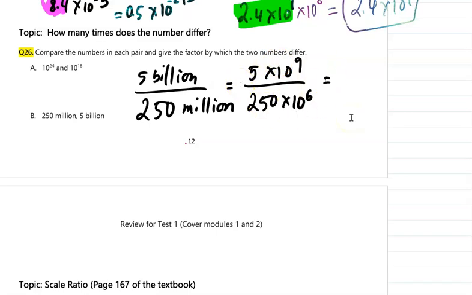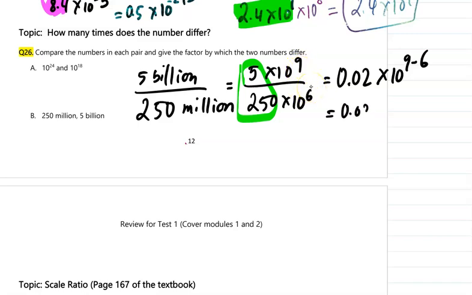And if I divide 5 by 250, I get 0.02 times 10 to the power 9 minus 6. Notice that I use the exponent rule: I subtract because of division here, which gives you 0.02 times 10 to the power 3, which is the same as 0.02 times 1000.